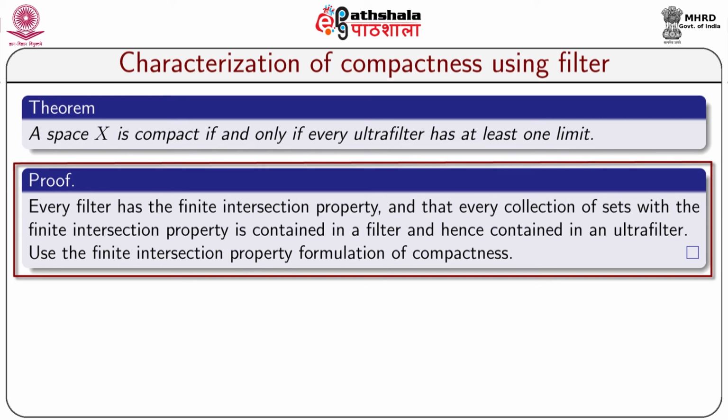Therefore, using the finite intersection property characterization of compactness, that is, a space is compact if and only if any collection of closed sets with FIP has non-empty intersection, we can prove the theorem.